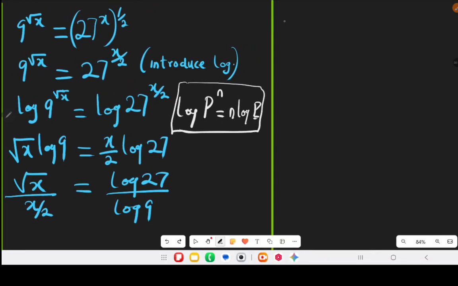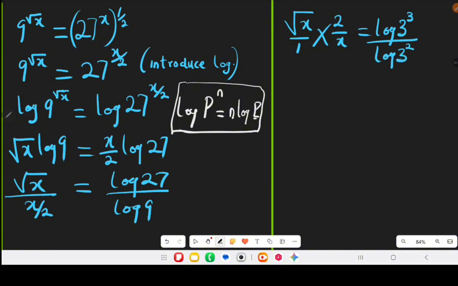This will become root of x over 1 times 2 all over x equal to log 27, which gives us log 3 raised to the power of 3 all over log 3 raised to the power of 2, if we express 27 in base 3 and 9 in base 3.